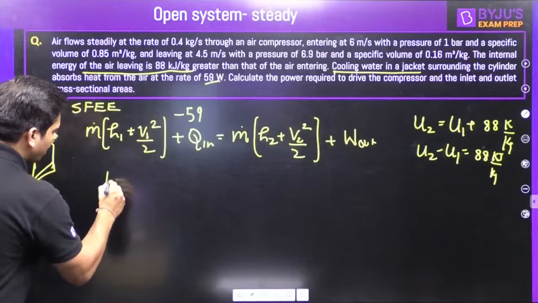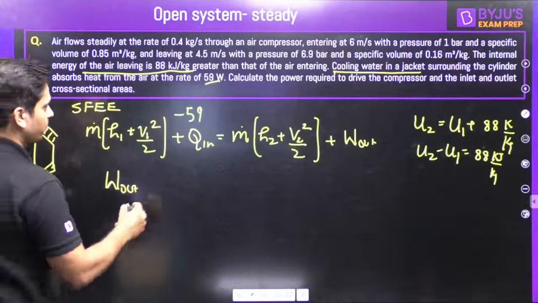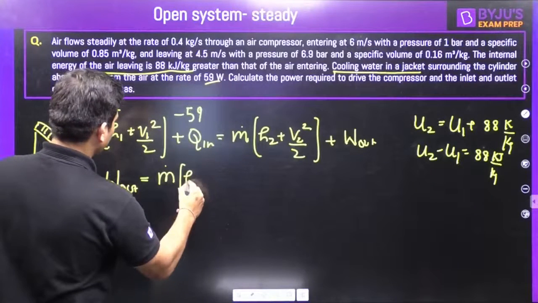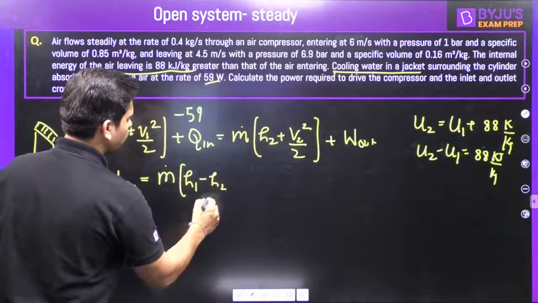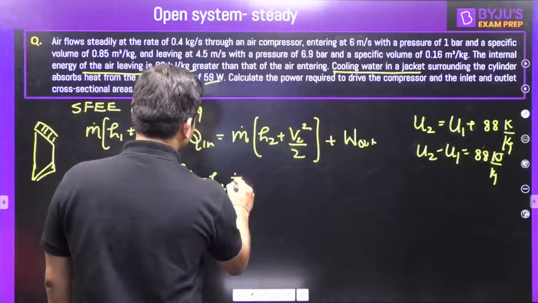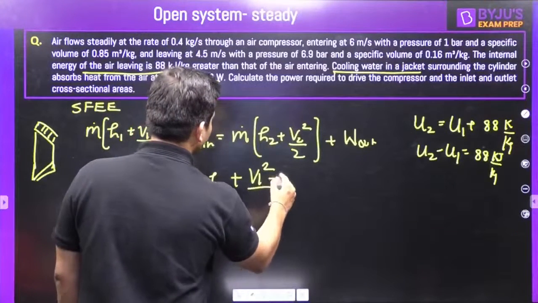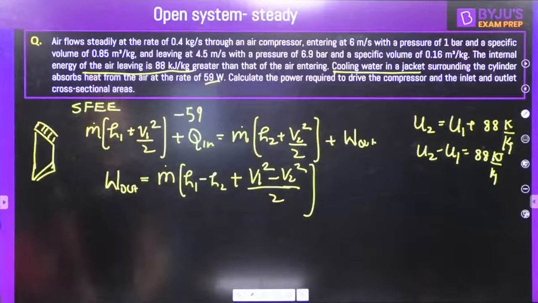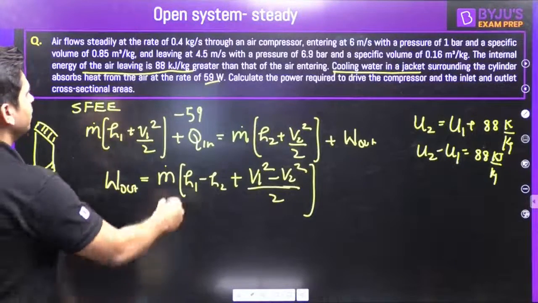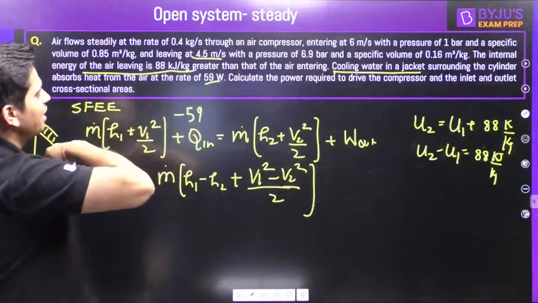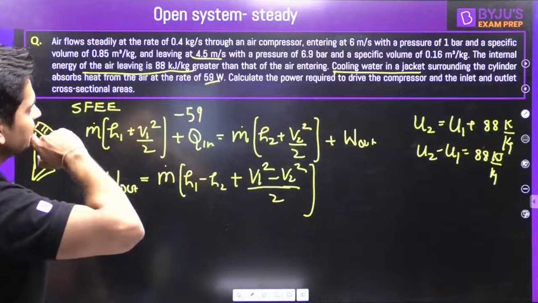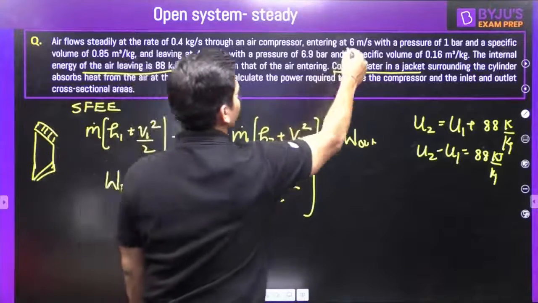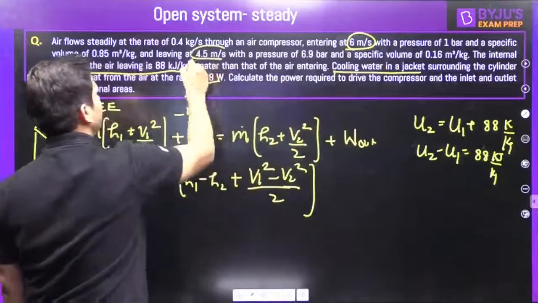Now can I write? I need to find out work output. Can I do m dot (H1 minus H2) plus (V1 square minus V2 square) by 2? Velocity is given, right? Yeah, velocity is given. This is 4.5 meter per second and 6 meter per second. This is V1 and this is V2.